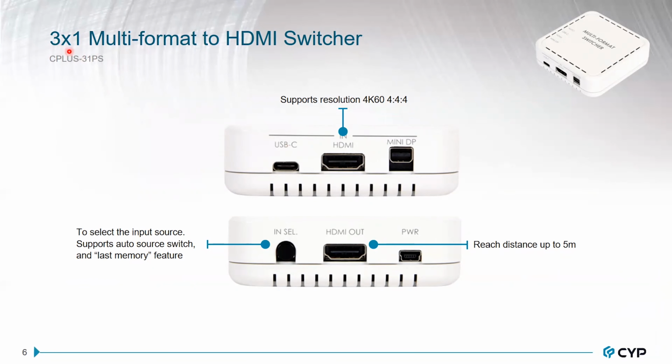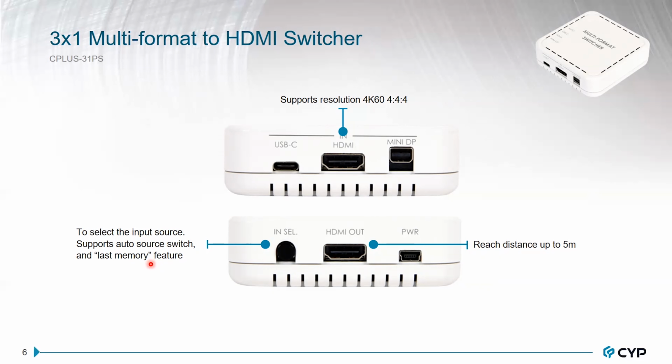C+31PS is a 3-to-1 multi-format to HDMI switcher. USB-C, HDMI, and mini DisplayPort inputs are automatically converted to a standard HDMI format. The last-memory function means that when the current source is disconnected, the unit will revert to the previous source.